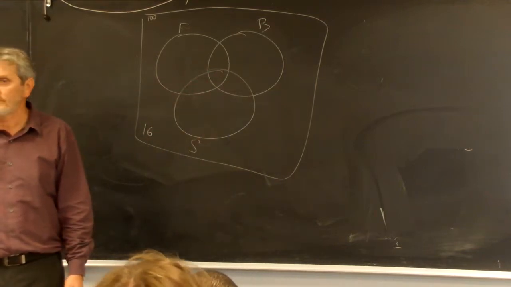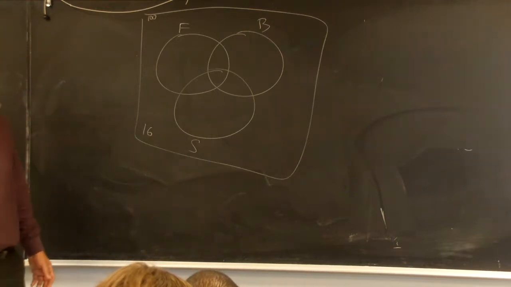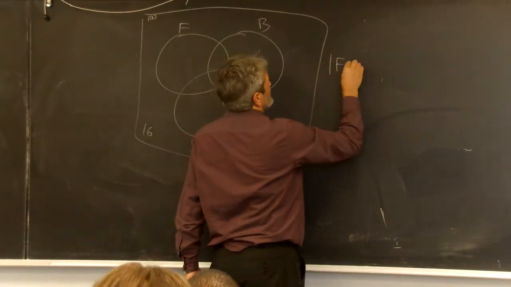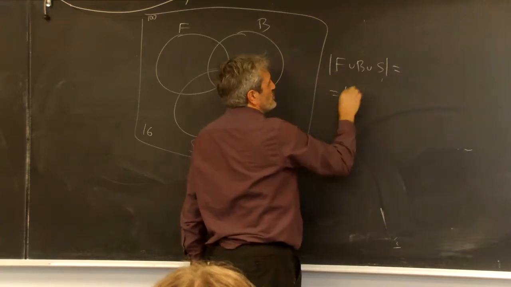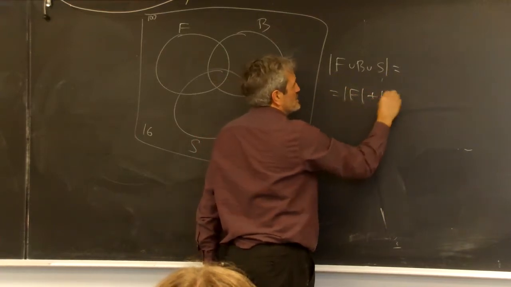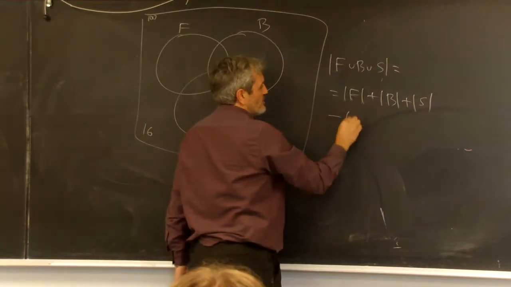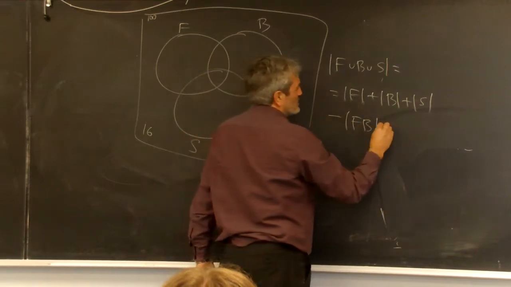Ready? And then what? I just use the principle of inclusion-exclusion. Set the following. Count of football or basketball or soccer equals football total plus basketball total plus soccer total minus overlaps. FB, I'm skipping intersection signs, usually that's what we do.